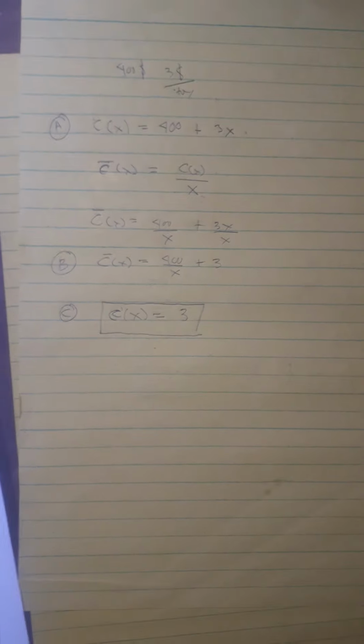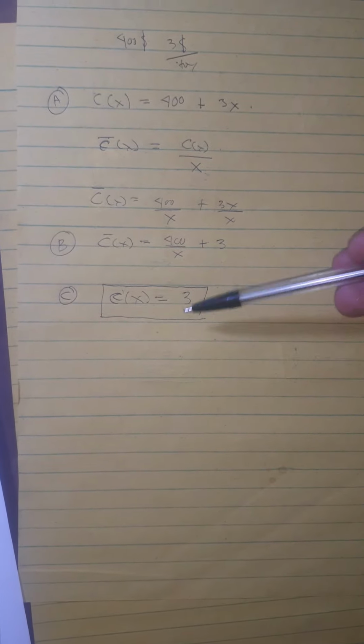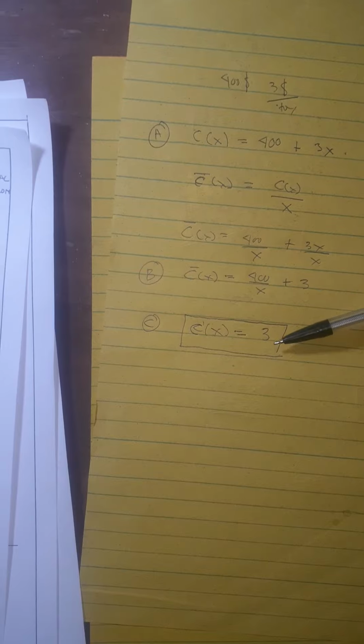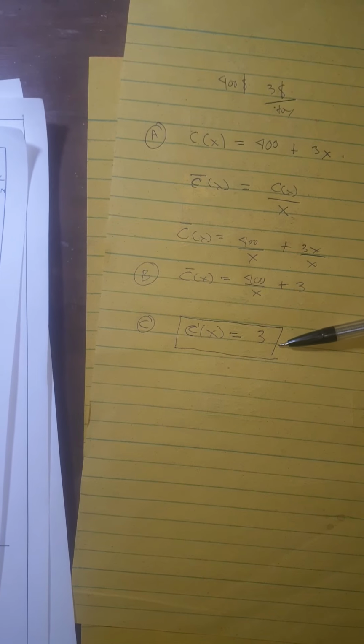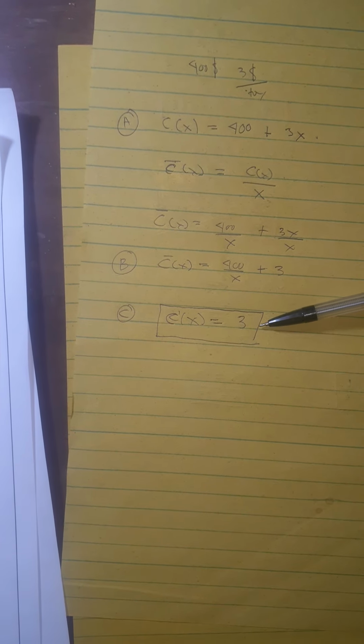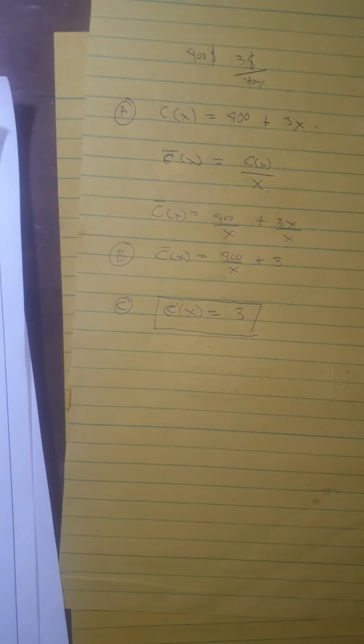For part d, the minimum average cost per unit.